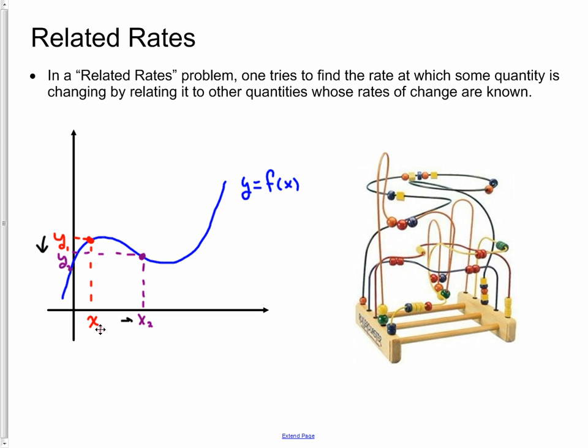If we're changing from x1 to position x2, there's some change in x. If we're interested in the rate, we take that change in x over a change in time. Then what about the change in y? There's a change in y here as well. We go from y1 to y2 over some change in time, and these two rates have to be related.